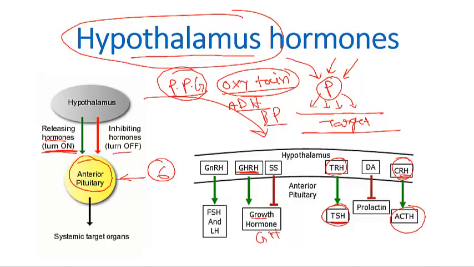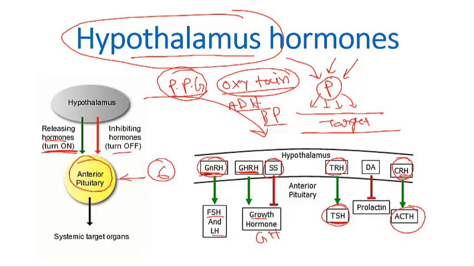Now, looking at all those releasing hormones we talked about, thyrotropin releasing hormone, TRH, helps the release of TSH from the pituitary. Growth hormone releasing hormone is responsible for the release of GH from the pituitary. Somatostatin is required for inhibiting the secretion of growth hormone by the pituitary. Gonadotropin releasing hormone, GnRH, regulates and influences the pituitary to produce FSH and LH.